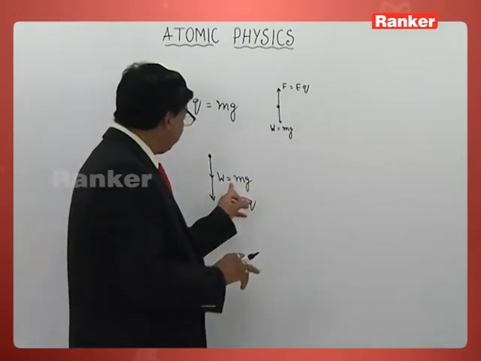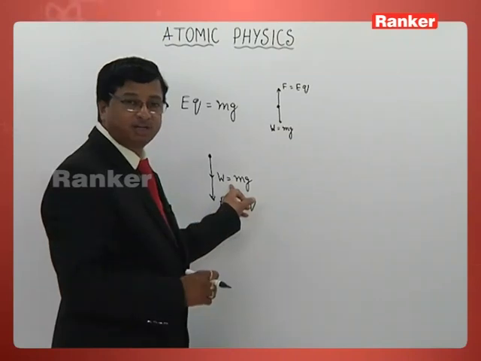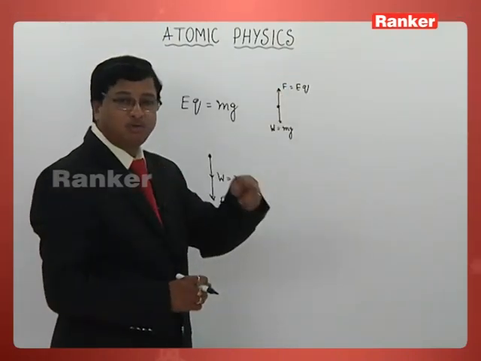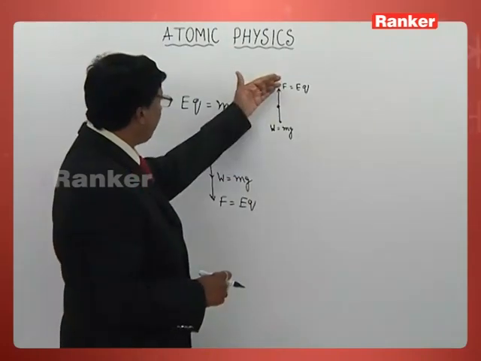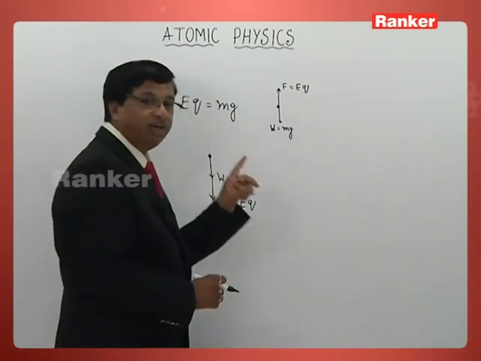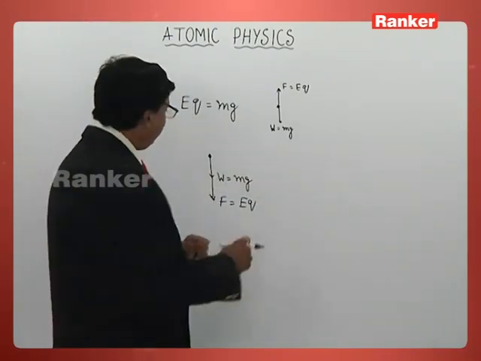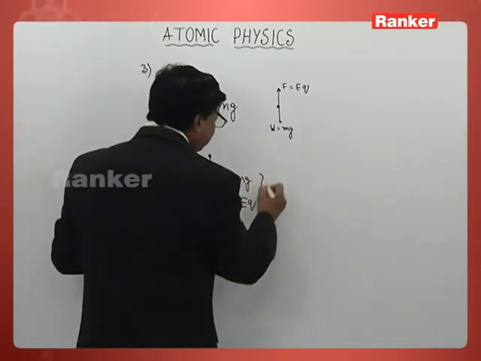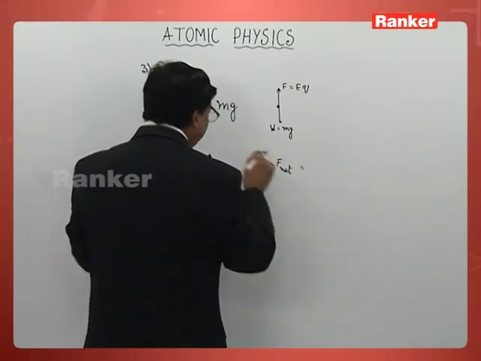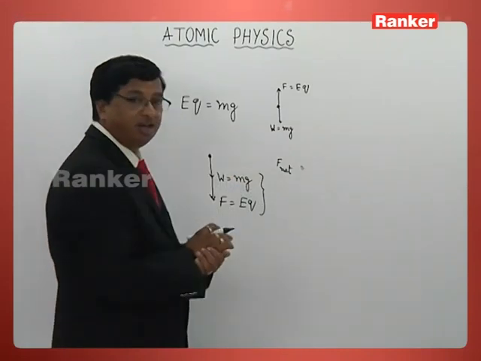Weight anyhow is acting downward. There is no problem for that. Now even this EQ, the force due to the electric field, is going to act downward in addition to the weight of the droplet. Then what would be the effective force, or the net force, acting on this particle right now?